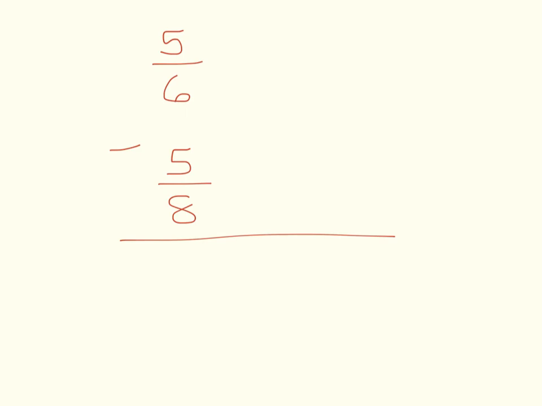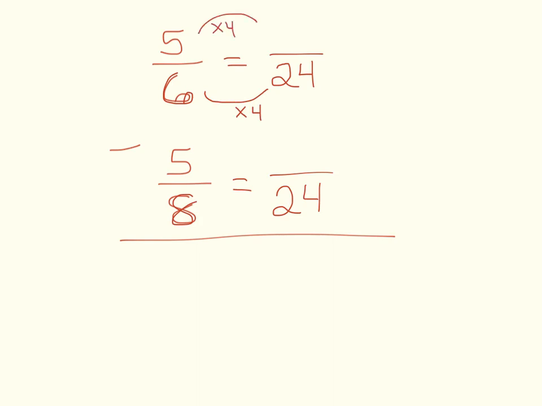Let's try one more. 5/6 minus 5/8. So now I need to make equivalent fractions, and my new denominator is going to be 24. That's the least common multiple of 6 and 8. So now 6 times 4 is 24, 5 times 4 is 20, 8 times 3 is 24, 5 times 3 is 15.